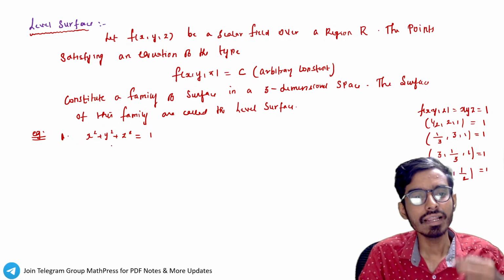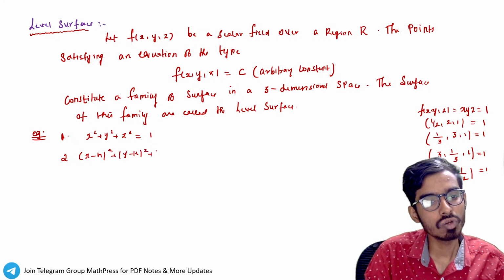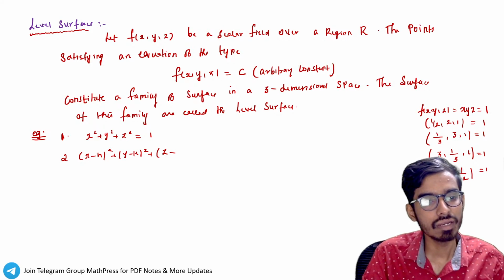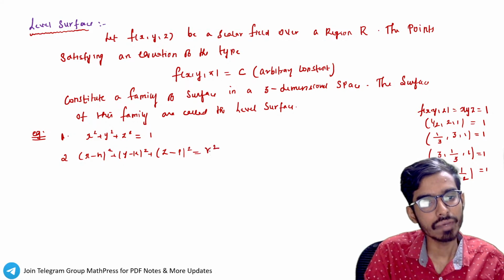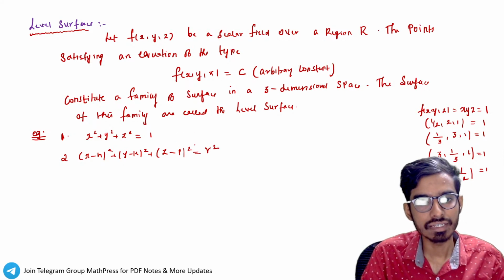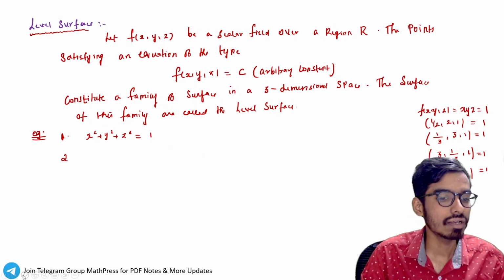So in general, any sphere with x minus h whole square, y minus k whole square, z minus, let's take another variable, p, whole square is equal to r square. This is again a level surface, right? So x square plus y square plus z square is equal to 1. And what about an ellipsoid?